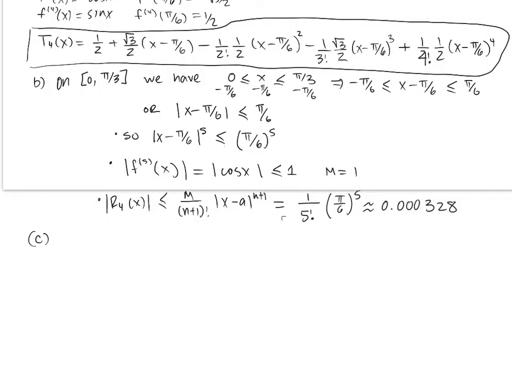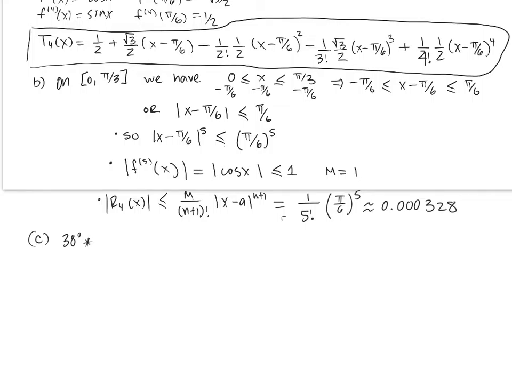Okay, part C says to estimate sine of 38 degrees. Now this formula has built-in radians because those pi over 6 are in radians. So if you're going to estimate sine of 38 degrees, you're going to have to convert that into radians. So 38 degrees, how do you convert that into radians?